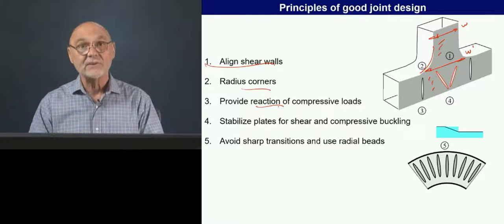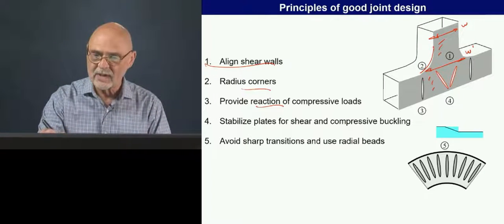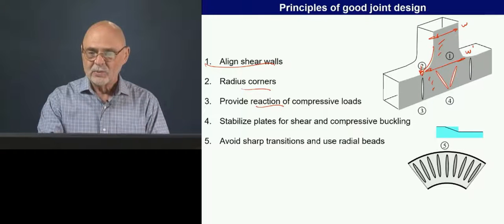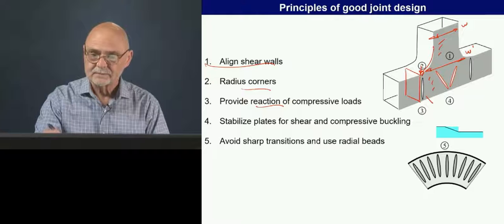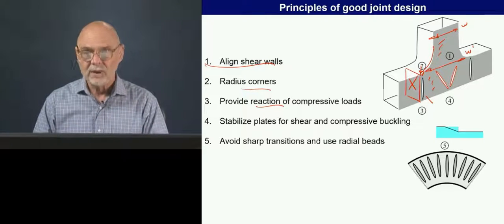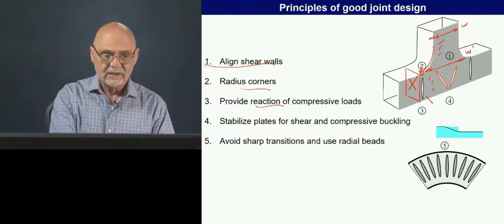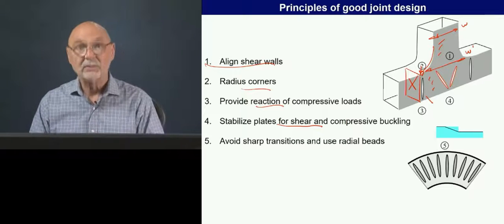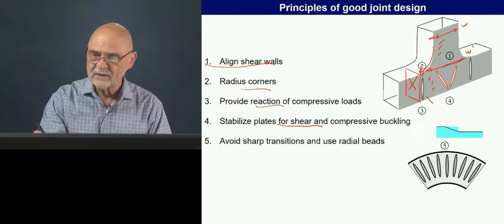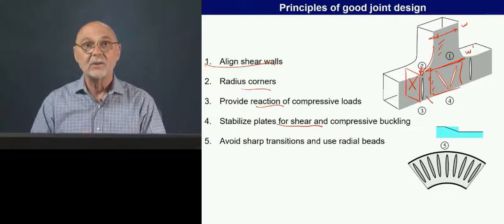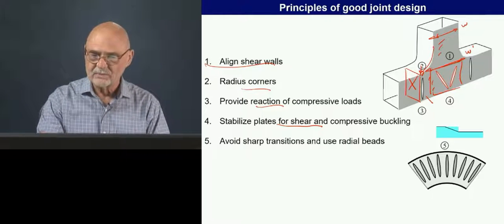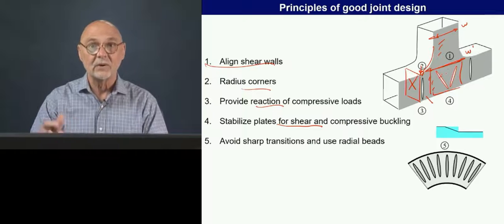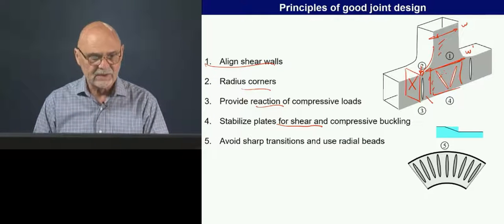Provide some kind of reaction for the compressive loads. So we know we're going to have a compressive load here. We're showing a bead here. It could be a bulkhead inside that would react those loads. Stabilize the plates for shear and compressive buckling. So that's here. And again, we used a bead here. We saw how some of the real car companies would put a bulkhead in here or a doubler to thicken it up.